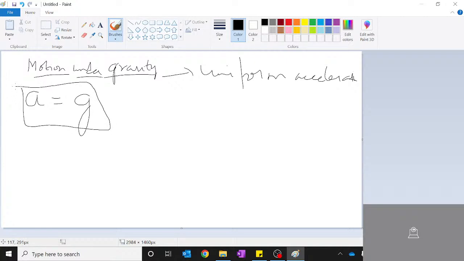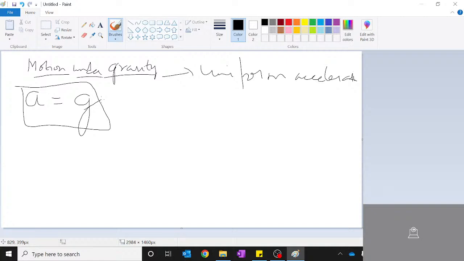In motion under gravity, the acceleration a is always a constant, because the acceleration is nothing but the gravity here. It is gravity that pulls down any object that you throw up, or any object that you throw down, it obviously has to come down to the earth because of the gravity of the earth.